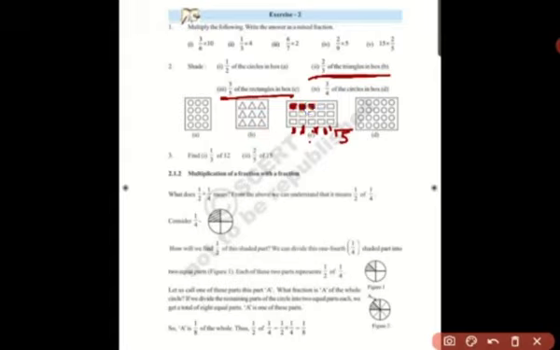That is your shading of 3 columns basically. So out of these 5 columns you have shaded 3 columns. So how many altogether shaded regions, how many squares have you shaded? 1 2 3 4 5 6 7 8 9. So we have shaded 9 squares in this.